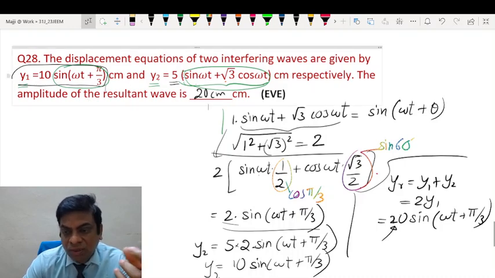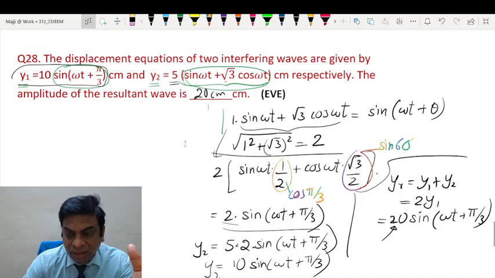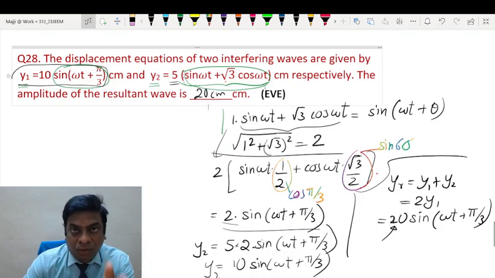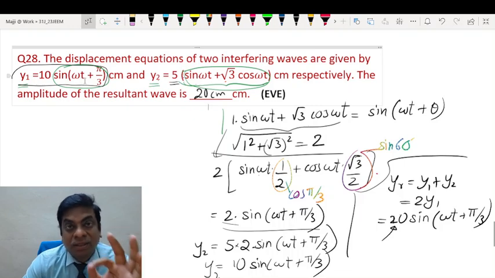So adding these two can easily be done vectorially. In such cases, wherever you have sine, take omega t as 0, and you have to ensure that all the things are converted into sine or cos, but here you will be proceeding in sine.